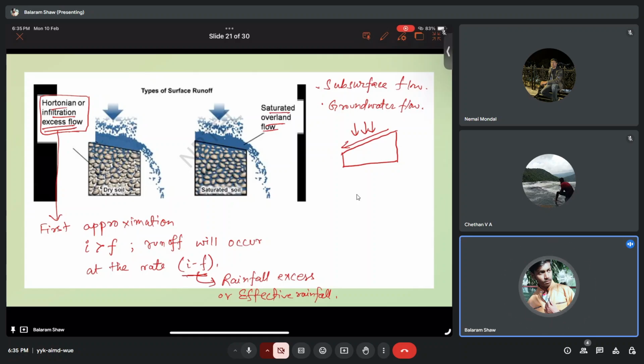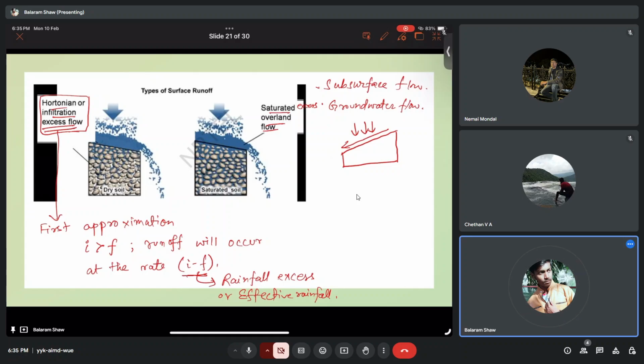Okay, but in the saturation excess flow, we call this saturation excess overland flow. In this, what happens? The subsurface flow returns to the surface when the capacity of the soil to transmit flow is exceeded. So let's say it has reached the infiltration capacity. Then what will happen? The water will again come back to the surface of the soil, right?